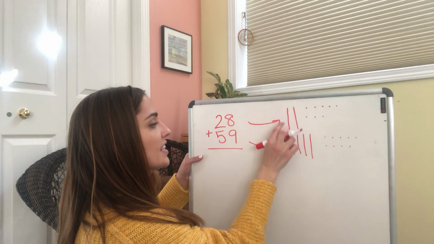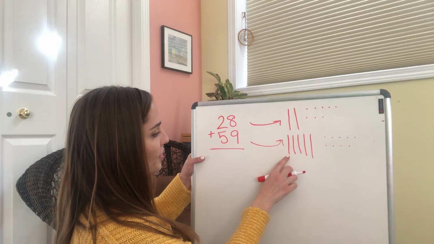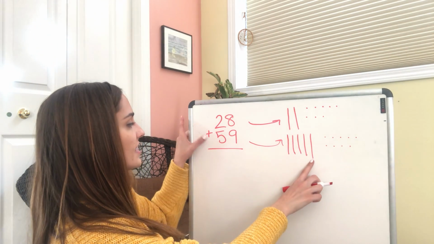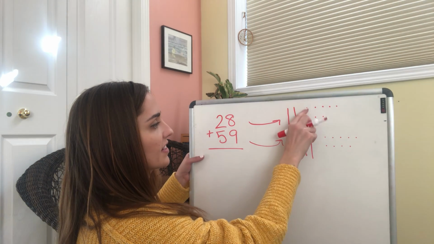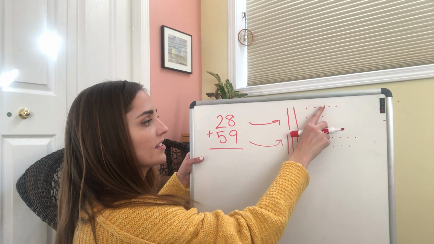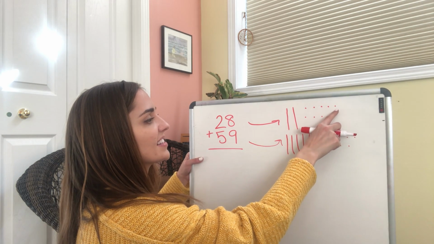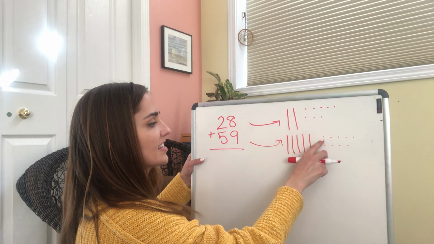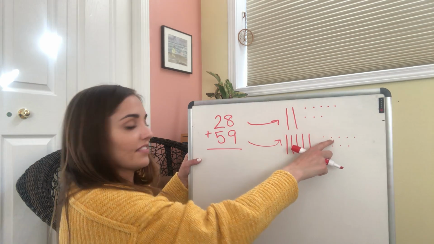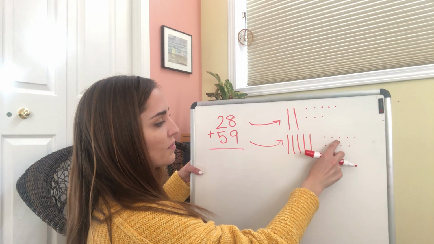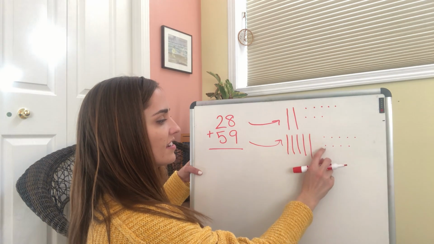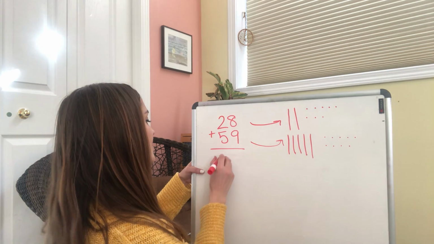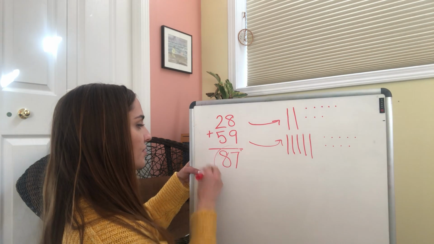So we'll have 10, 20, 30, 40, 50, 60, 70. I mean, you have 70 from the tens so far. I'll keep counting: 71, 72, 73, 74, 75, 76, 77, 78, 79, 80. Okay, so we know we're at 80. Going on: 81, 82, 83, 84, 85, 86, 87. So 87 is our total there.